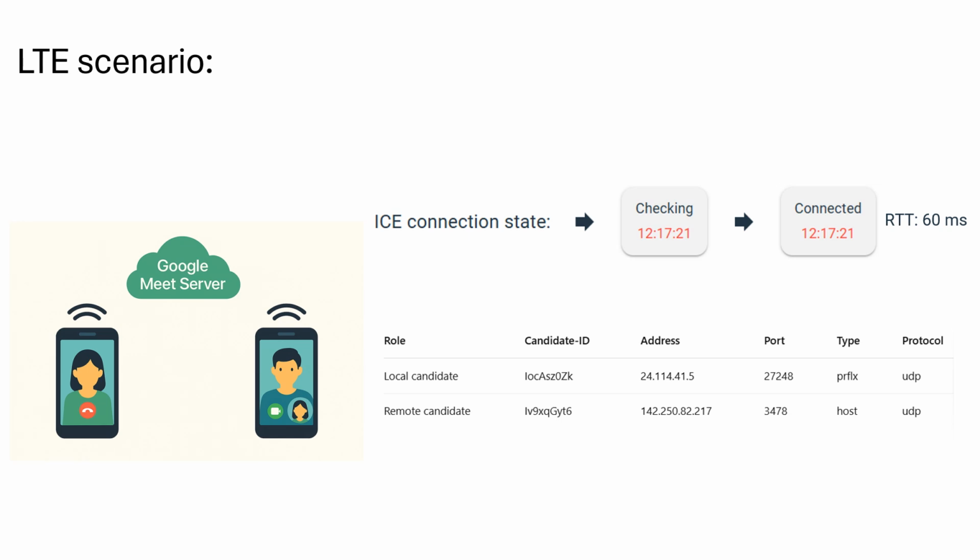The local candidate is a peer reflexive UDP address, and this address is for maybe NAT, and this address is for the remote local.